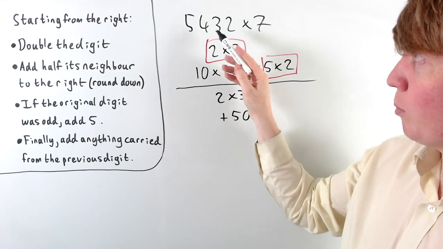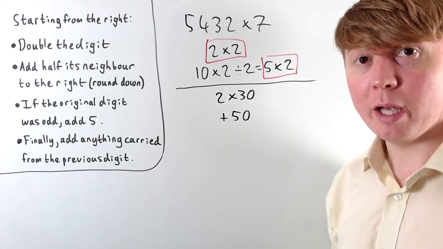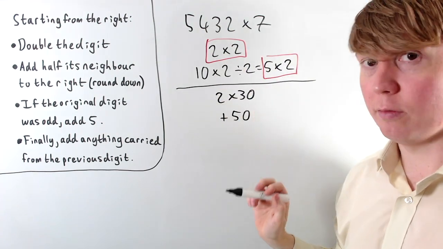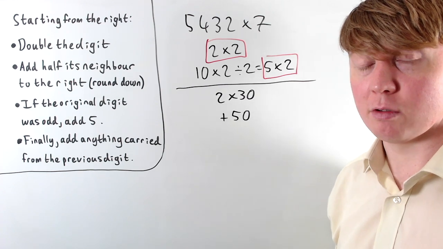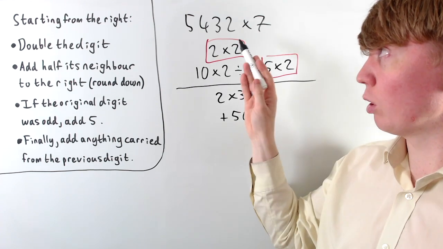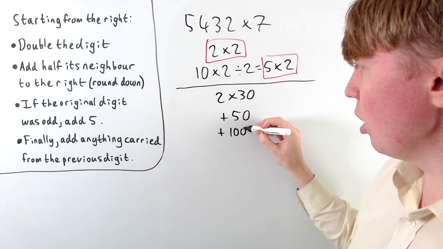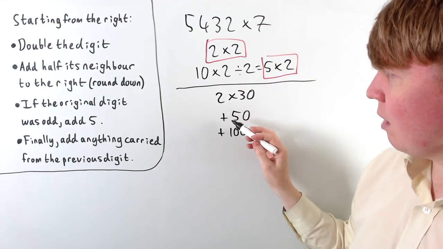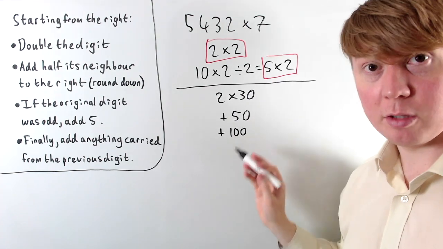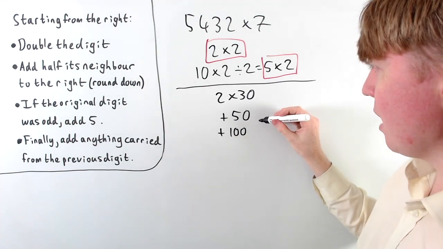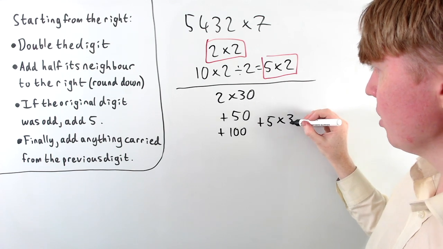And finally, when we were working in the hundreds column, we added half of this neighbour, so half of this 3, rounding down. So instead of adding 1.5, we added 1 in the hundreds column, so plus 100. But you can see here the net result of having the plus 150 and the plus 100 is the same as having plus 5 times 30.